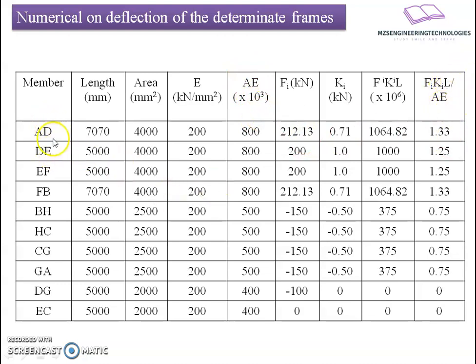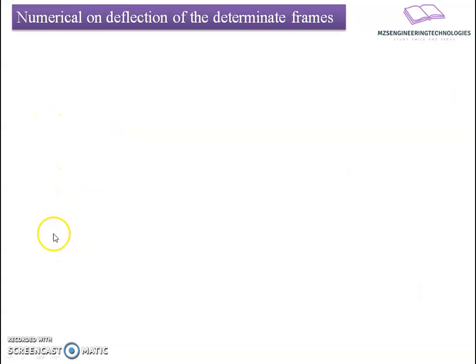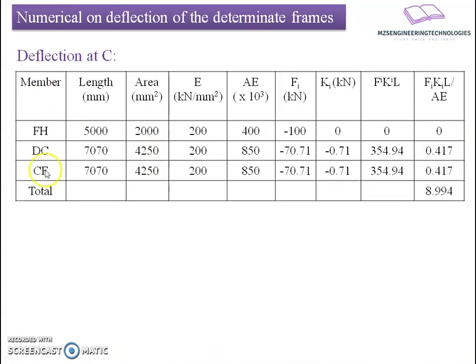The sequence I have maintained here is: I have taken all the members in the top chord, then the members in the bottom chord, then vertical members, then the forces in inclined bracing, and at the end I have taken the summation of all the products. It comes to be 8.994, and this results in a displacement value.